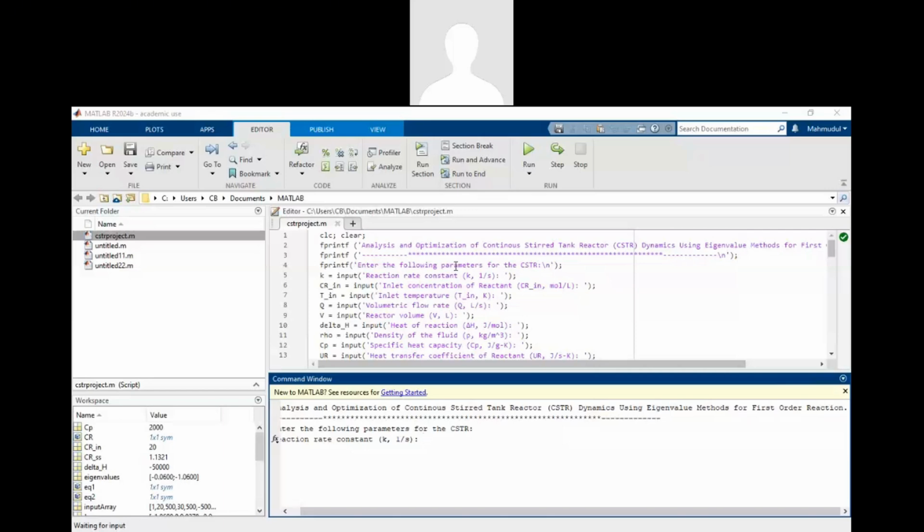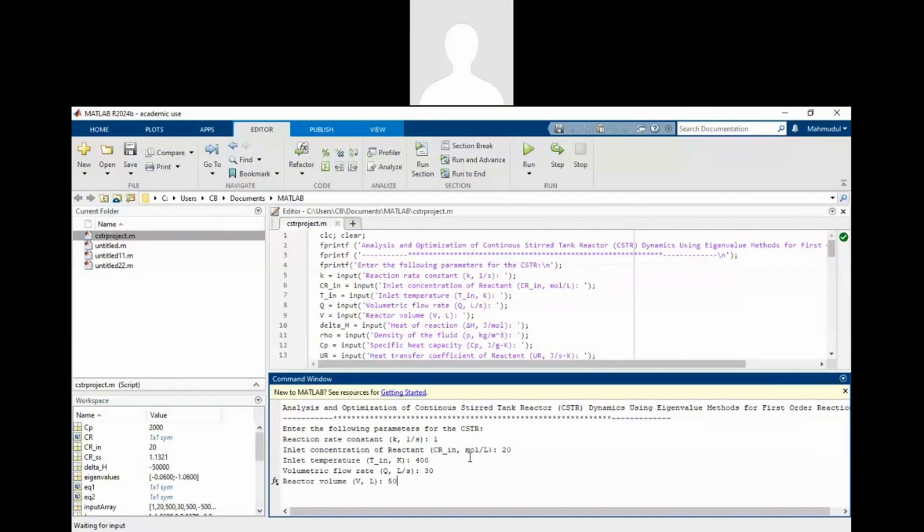Therefore, if we execute the code, you can see that it allows us to enter some reactor parameters. Since it's a first order reaction, the value of the reaction rate constant is 1. Inlet concentration of the reactant is 20 mole per liter. Inlet temperature is 400 Kelvin. Volumetric flow rate is 30 liter per second.